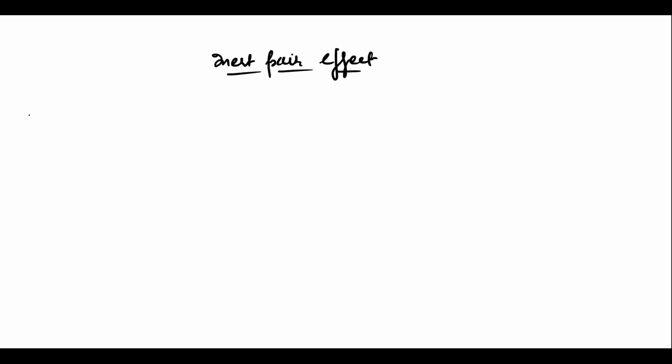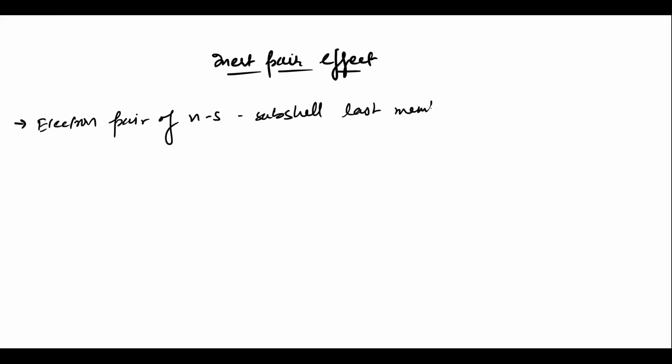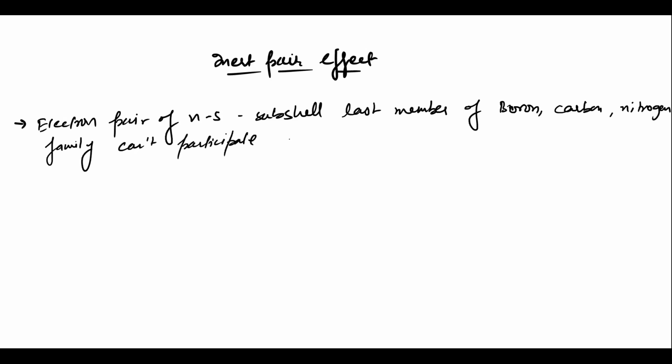Let me write the definition first. The pair of electrons of the ns subshell, of the last members of the boron, carbon, or nitrogen family, can't participate in bond formation.